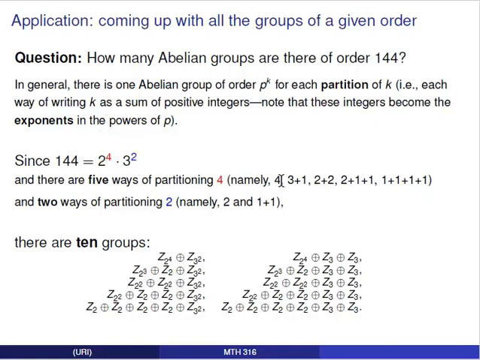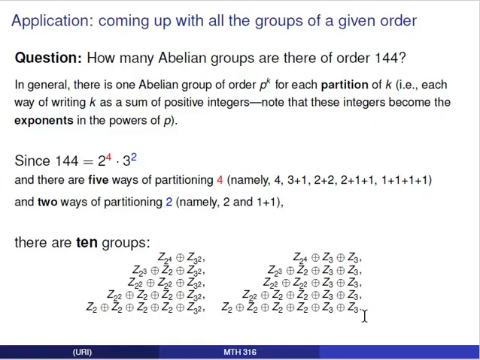So for instance, I might take 4 and 2, and if I were to use that, I could form the direct product Z 2 to the 4th direct product Z 3 squared. This is Z16 direct product Z9. If I were to take 2 plus 2, say, and 1 plus 1, that would give me Z2 squared, Z2 squared, direct product Z3 to the 1, Z3 to the 1.